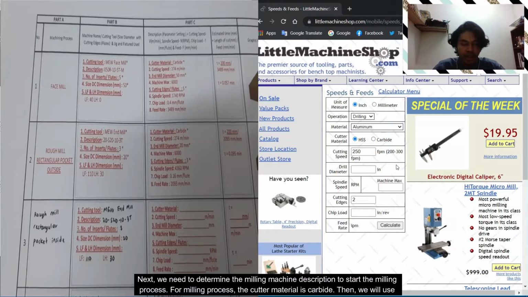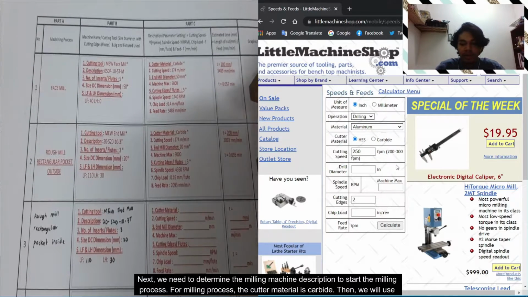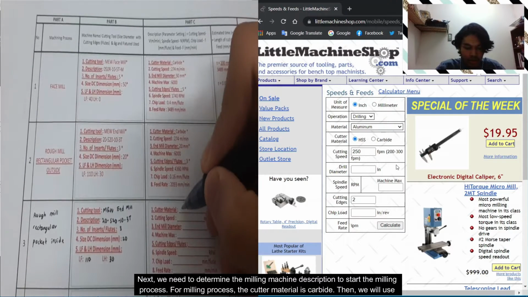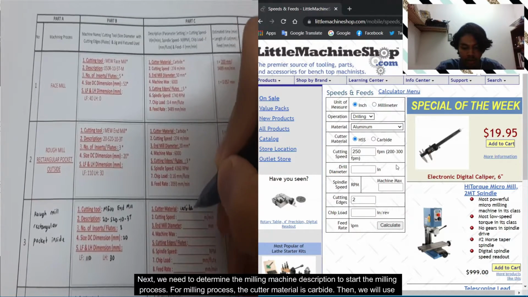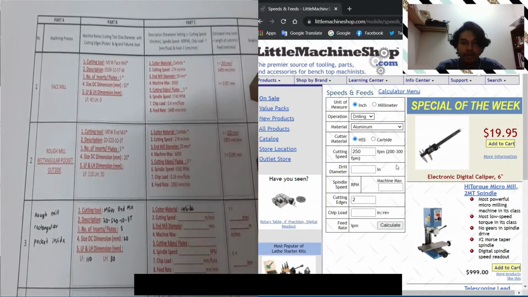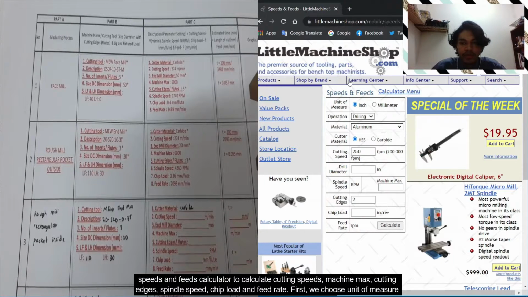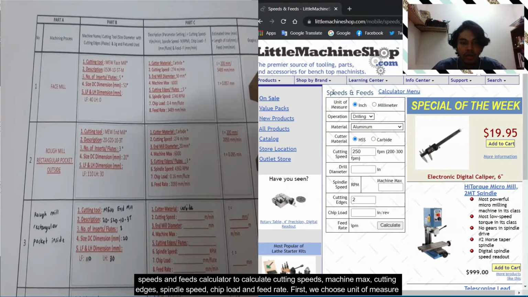Next, we need to determine the milling machine description to start the milling process. For the milling process, the cutter material is carbide. Then we will use the speeds and feeds calculator to calculate cutting speed, machine max, cutting edge, spindle speed, chip load and feed rate.